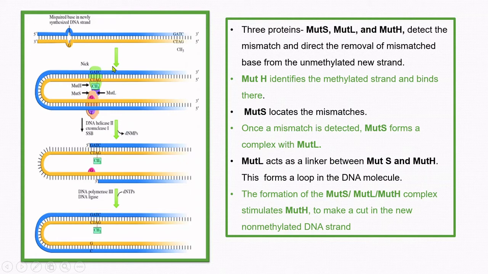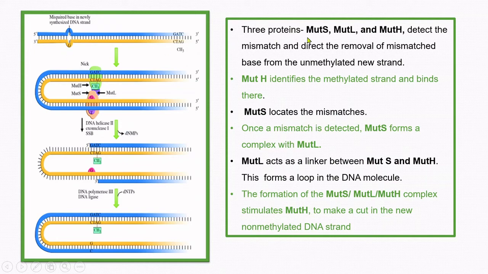Now see, MutH identifies the methylated strand and binds there. MutS locates the mismatch.